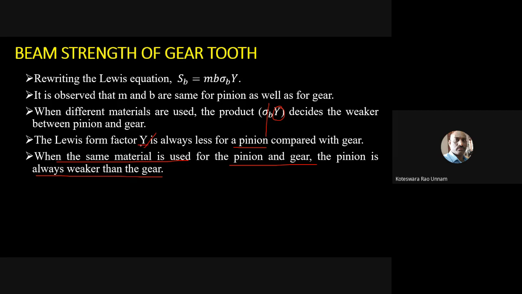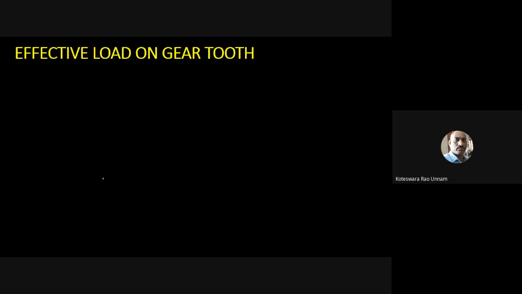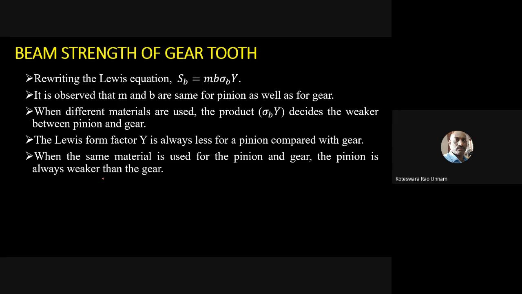Since Y is always less for a pinion, your design should be based on the pinion, not the gear. If they are not made of the same material, then you need to take the product of σ_b into Y, and whichever has the lesser value of σ_b into Y, based on that you need to design the gear drive.